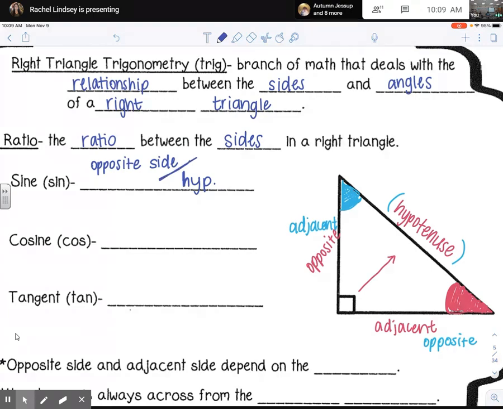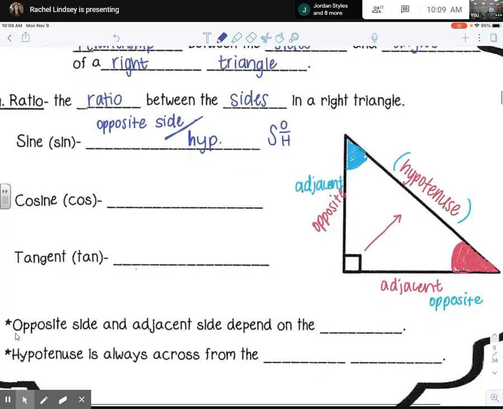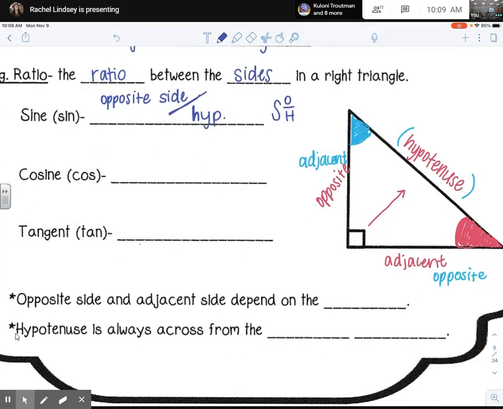And I write it like this, SO over H, so we'll use that when we're given an angle and we only are given the opposite side and the hypotenuse.